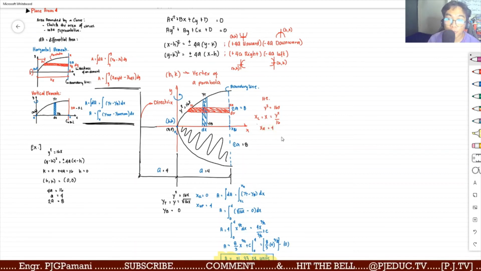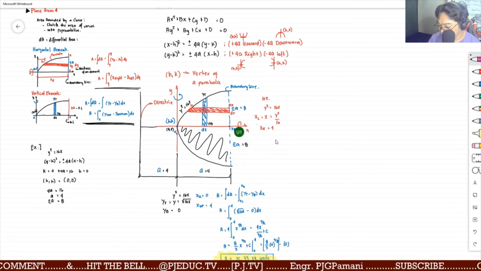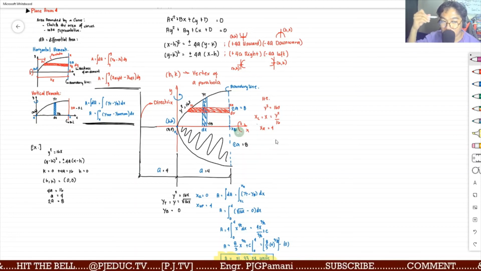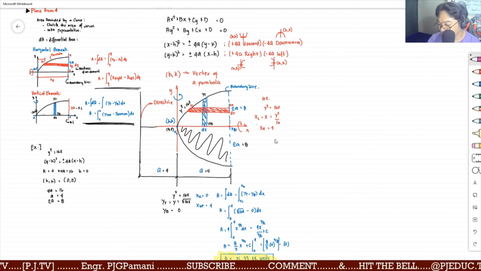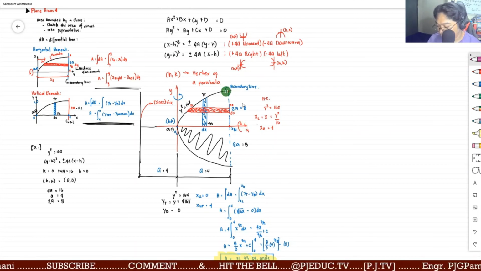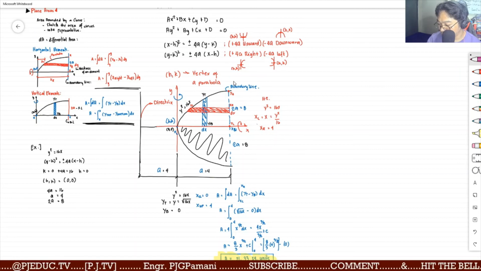How about your upper and lower limit? Remember na papaikutin natin yung ating curve. So if we're going to make our curve rotate in such manner, it will start at this point and will eventually consider also that point. So that is your lower limit, and this will be your upper limit. The lower limit is equal to 0.